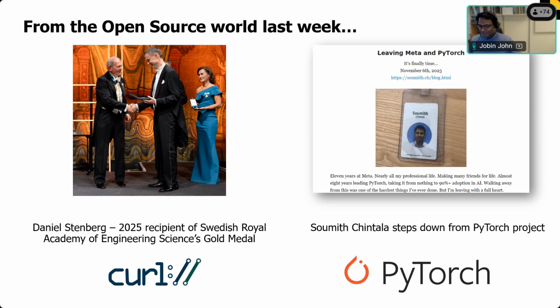What is interesting between these two libraries is Curl is maintained mostly by Daniel, and he has contributors from all around the world, but it's a small team working along with him. But PyTorch is quite a big team. Right from the beginning, there were engineers and researchers from industry and universities contributing to this library.